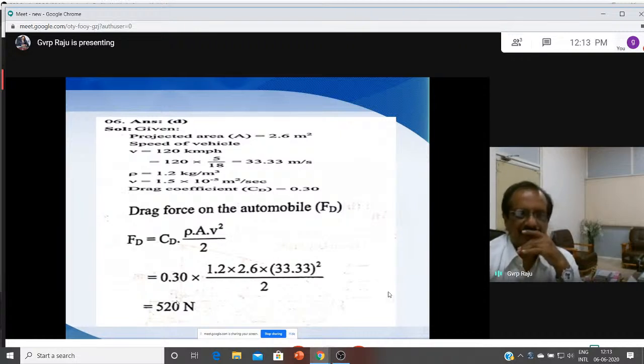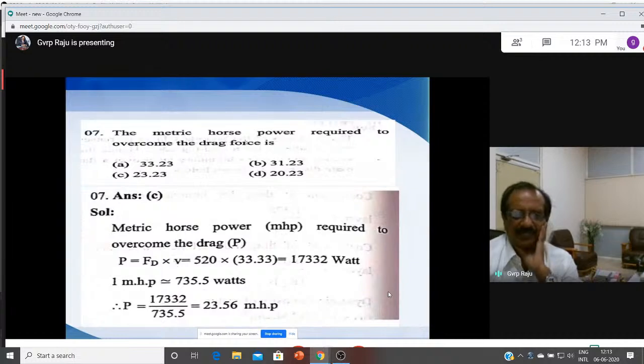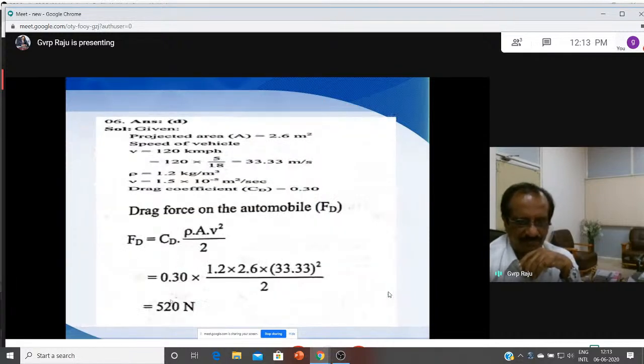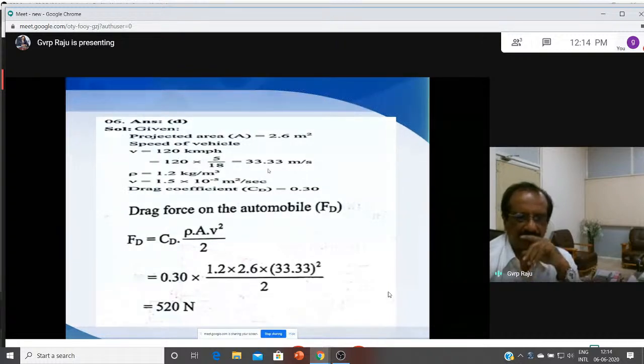Again, for the same problem he has also asked to find out the metric horsepower required to overcome the drag force. So the power required is Fd into V. We have the value of Fd as 520 newtons, and velocity is 33.33.